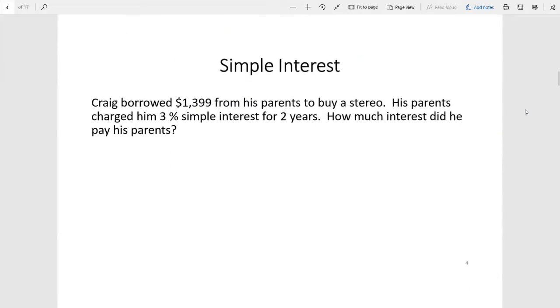Another example, Craig borrowed $1,399 from his parents to buy a stereo. His parents charged him 3% simple interest for 2 years. How much interest did he pay his parents?